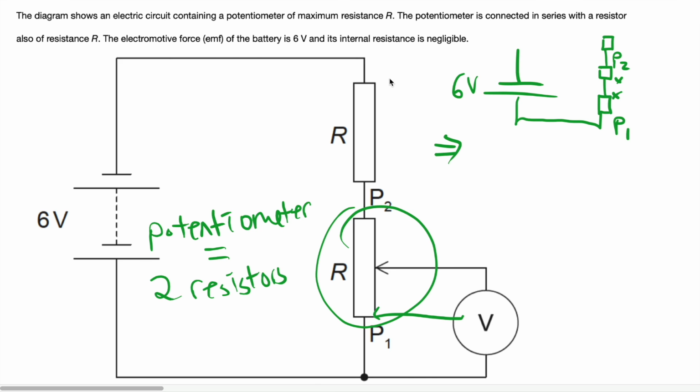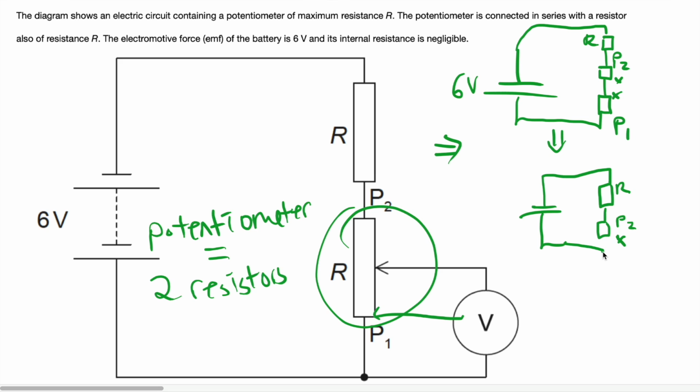When the slider is here, the resistance R P1X is going to be equal to 0 ohm, right? So the circuit is something like this. Here is R, here will be P2, here will be X, and this resistor here is going to be equal to 0. R P1X is equal to 0.